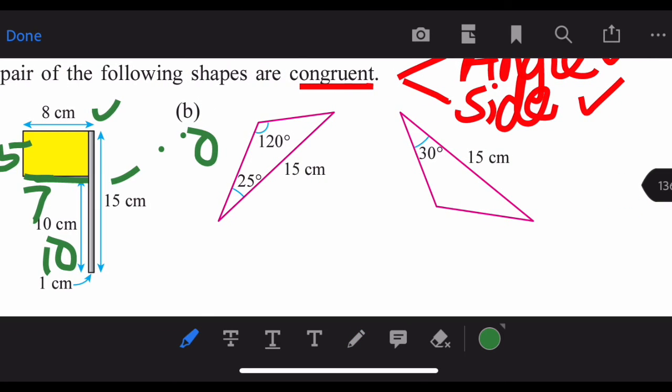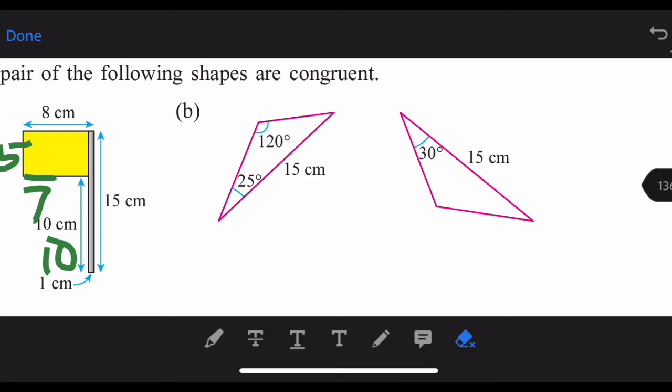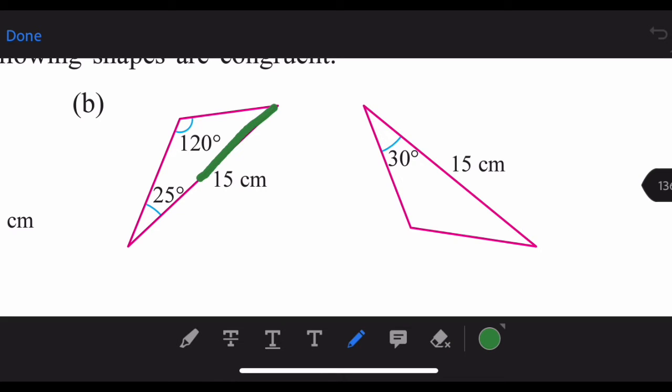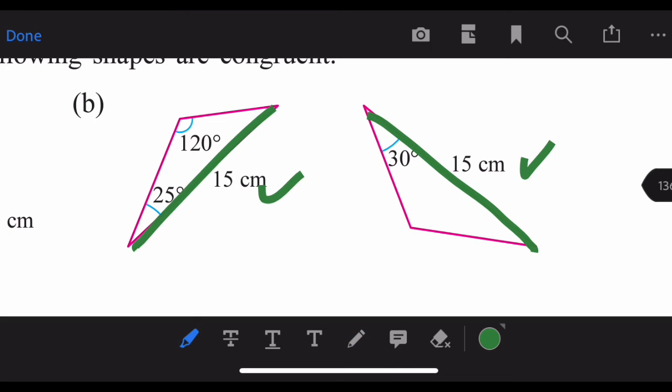How about B? For B, let's check every angle and side. We have 15 here, and this one is 15, so looks okay. Then we have the angle.